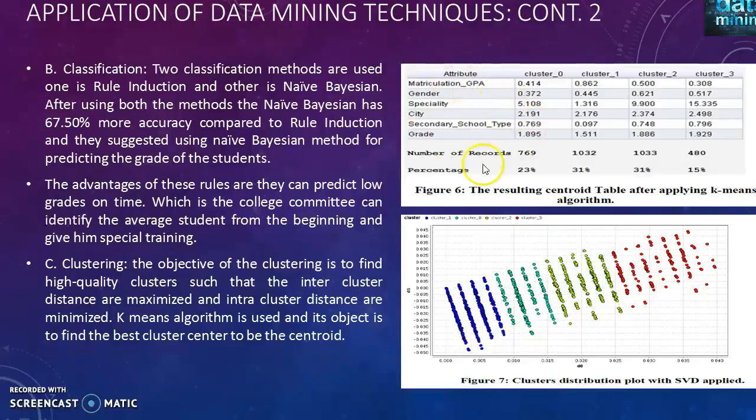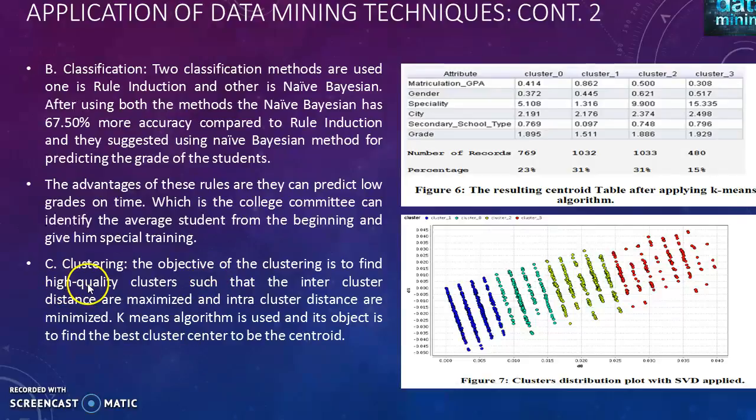And here you can see the attributes in figure 6, the number of records and the percentage of each cluster. The advantage of these rules is that they can predict low grades. With these rule induction and Naive Bayes methods, the college committee can identify the average student at the starting point itself and can give special training for them.